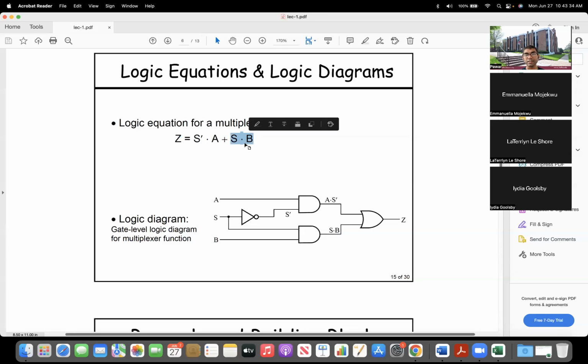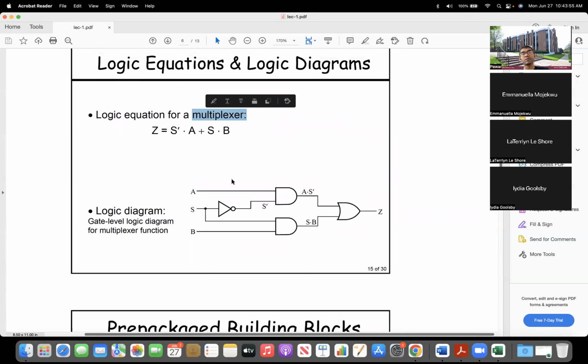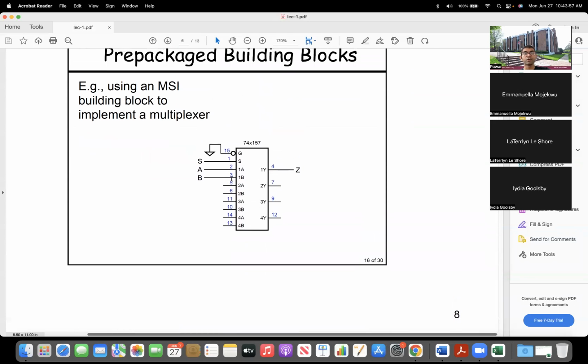Then you OR the output of the first and the second, and finally you get Z, a final output. So just a very simple explanation in your own words, and I'll give you the points. That's called a logic equation, and also called a multiplexer, because you're combining more than one logic gate.